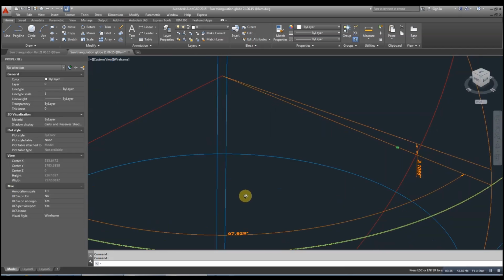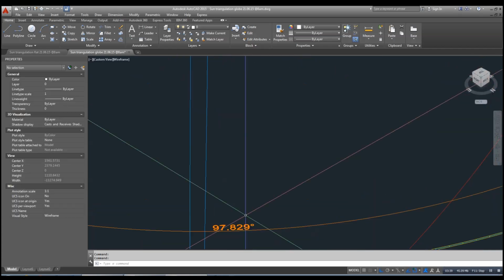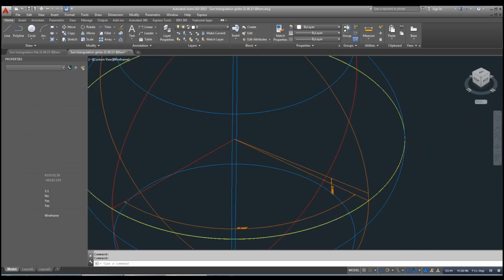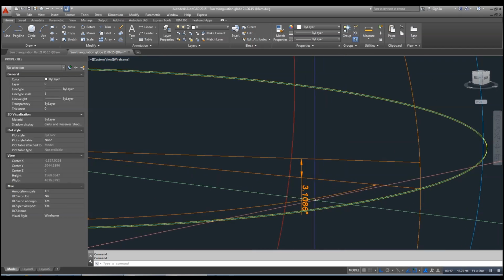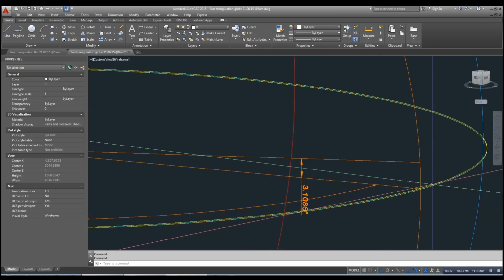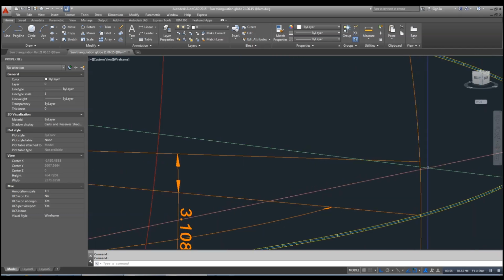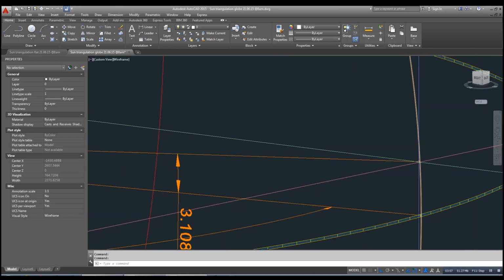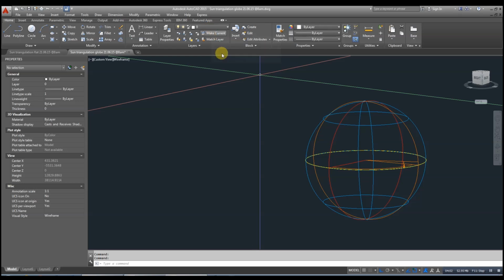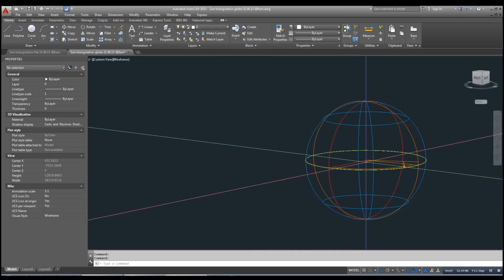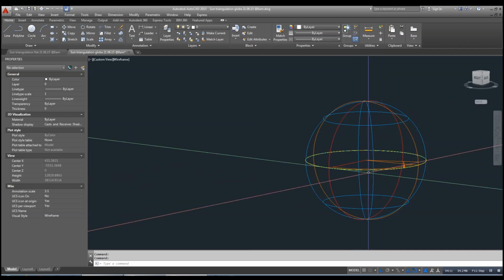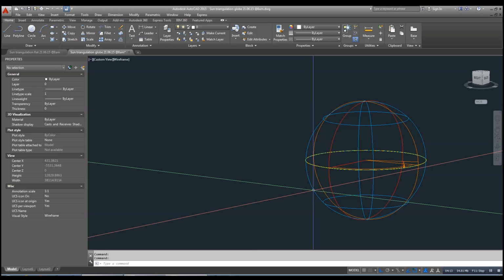It's 97.829 degrees from the meridian to this point here, and it's plus 3.1086 degrees above the equator. So that point there is a point near Kuala Lumpur. I chose them because all three of them make sort of a large triangle, and that's the whole point of what I'm trying to do here, and that's triangulate the Sun based on three positions on Earth using exact geometry.